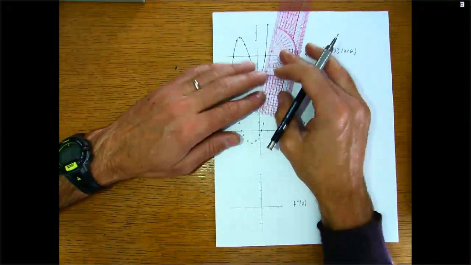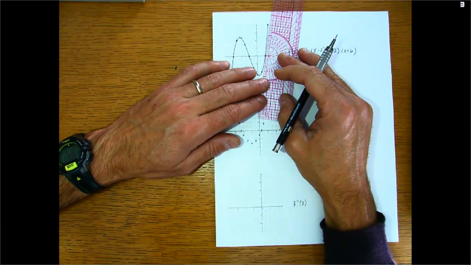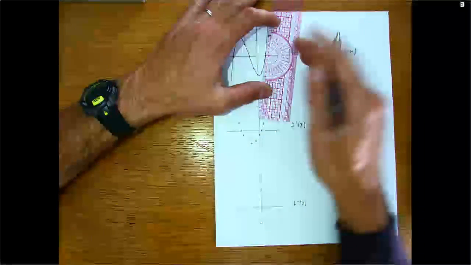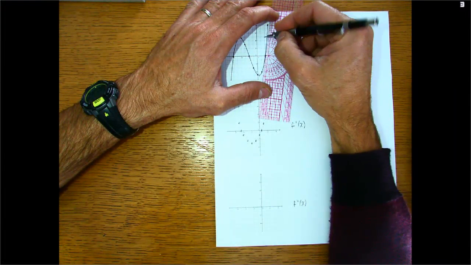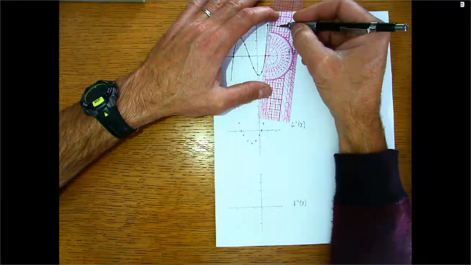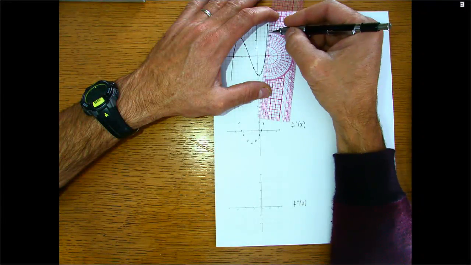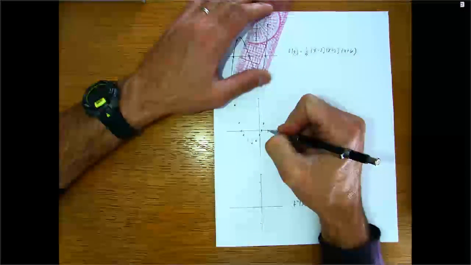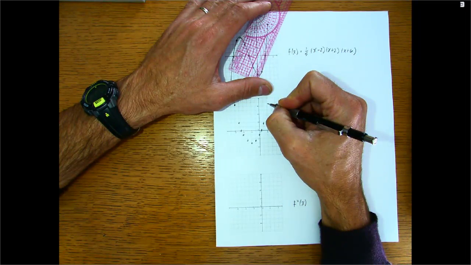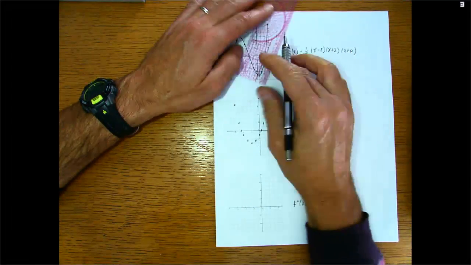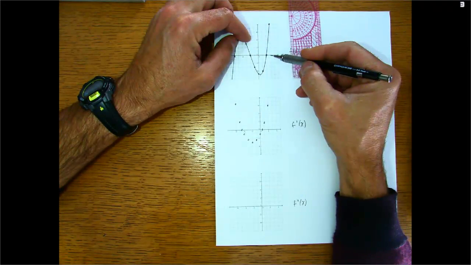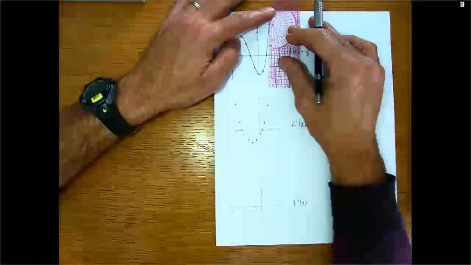Let's see, when I'm at 2, pretty steep slope right there. Let's see, we'll go up 1, 2, 3, 4, 5, 6-ish over 1. So it looks like we're roughly at 6 when I'm at 2. So something like there. And when I'm at 3, I'm going to be at that particular point.